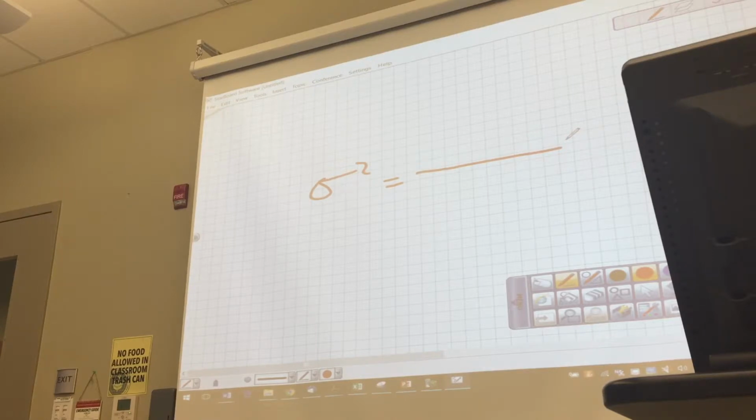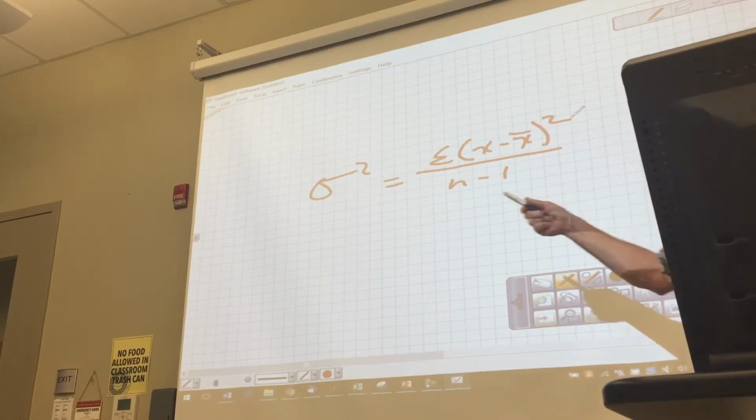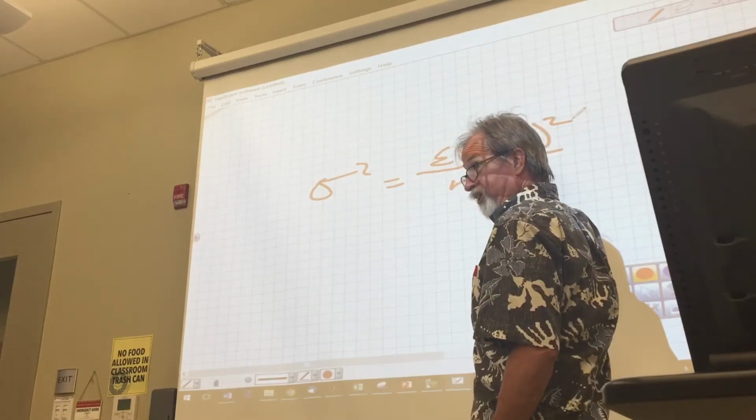Denominator is n minus 1. The sum of x minus x bar squared. And since I wrote sigma here, would this be X bar?